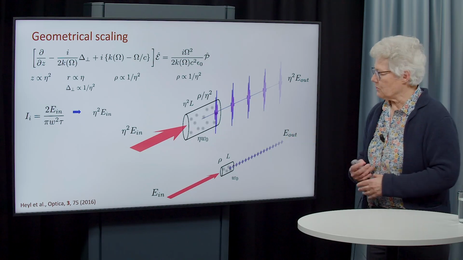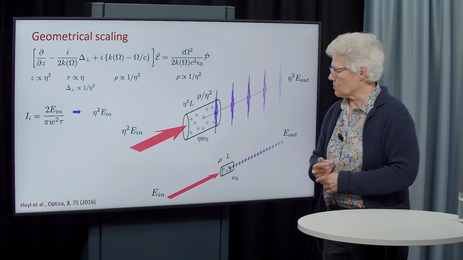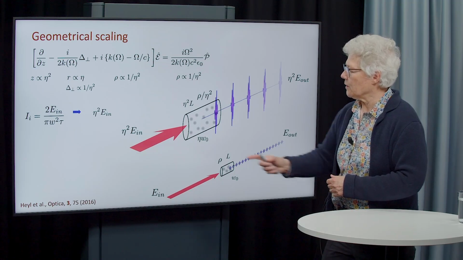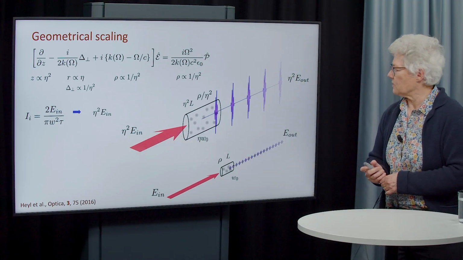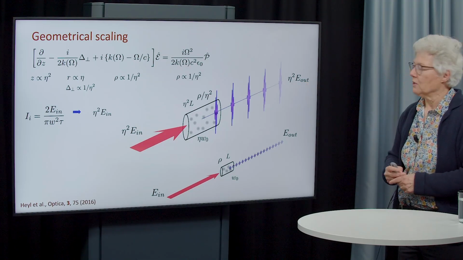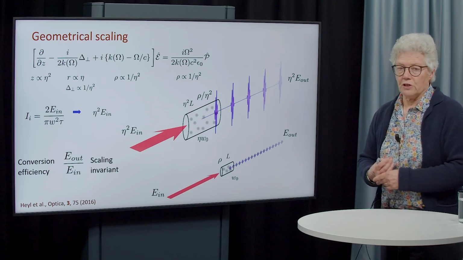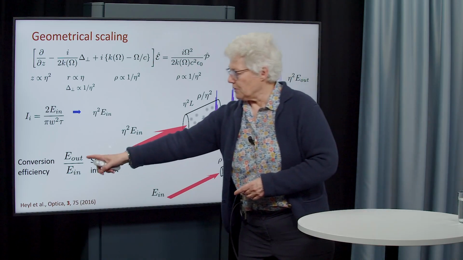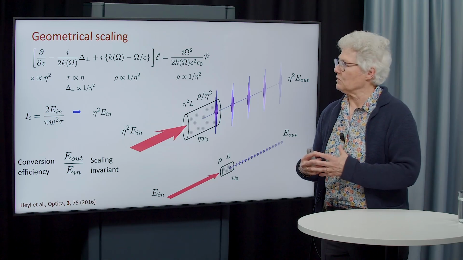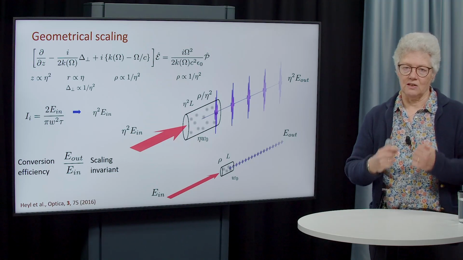You can scale this interaction by multiplying the length with eta square, the radius with eta, dividing the density by eta square, multiplying the input energy by eta square, and you will get exactly the same interaction, and the output energy will be multiplied by the factor eta square. So in other words, the conversion efficiency of the process, E out divided by E in, is completely scaling invariant. This equation that you see here is mathematically scaling invariant.